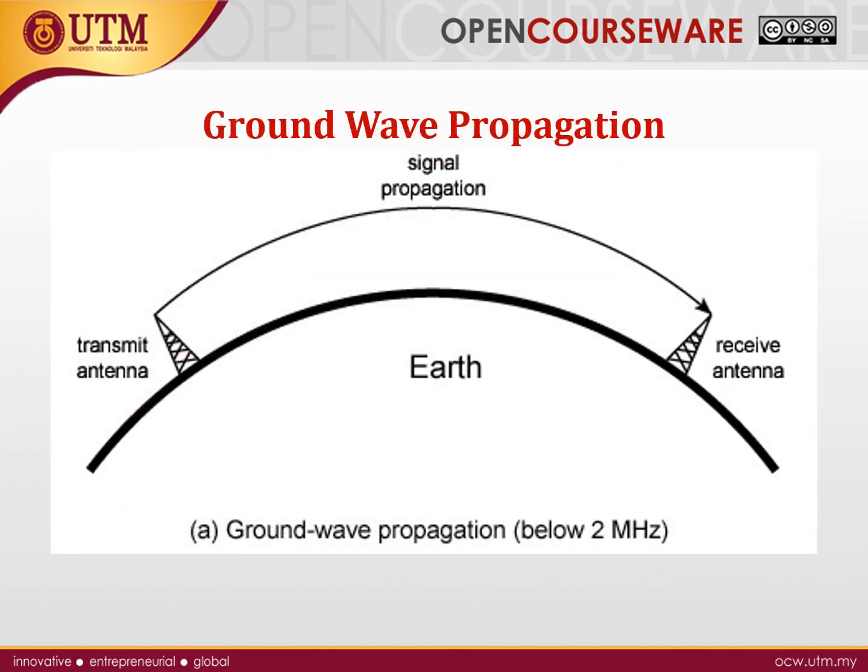And this is an example of ground wave propagation. We can see here the transmit antenna and the receiver antenna, and the signal propagates through the Earth. And this is an example of sky wave propagation, 2 to 30 megahertz.